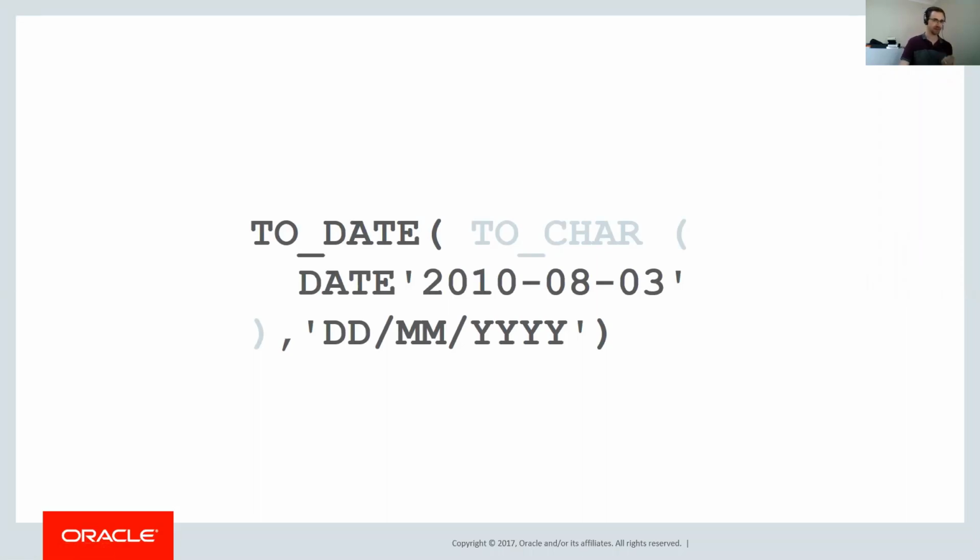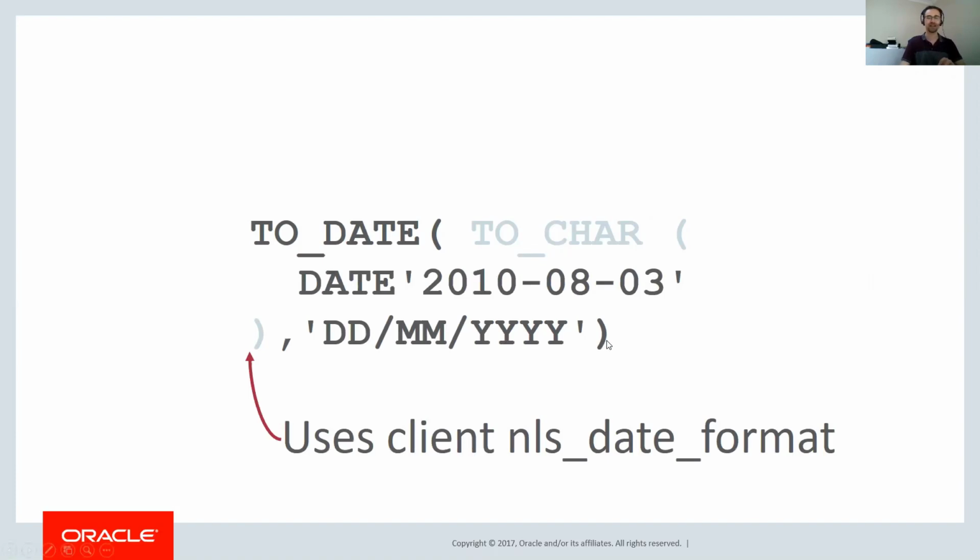The problem with this is you haven't defined a format mask, so it's implicit. The database has to pick up a format mask for this conversion from somewhere, and it does that using the client's NLS date format. So it's very possible that two people accessing the same database on different machines can have different NLS settings. Some people prefer year, month, day format. Other people prefer day, month, year.